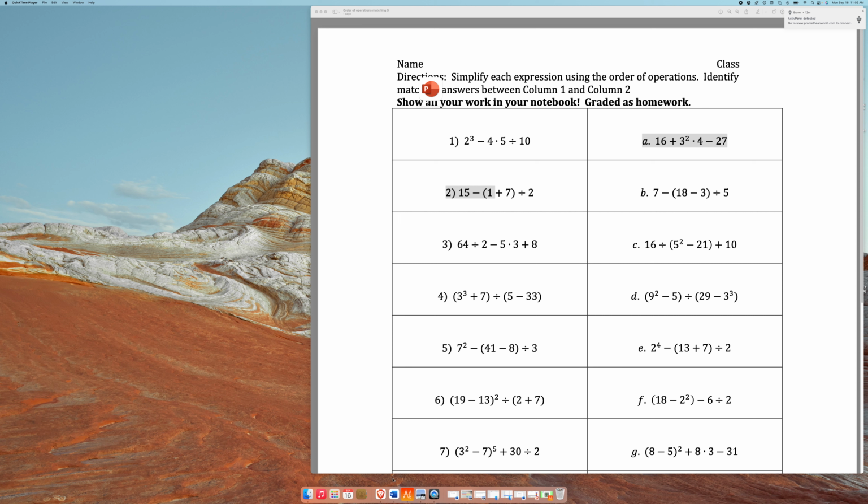Okay, so let's leave this as it is, minus, and then let's take care of the parentheses. 41 minus 8 is 33. And then divide that by 3. I could have taken the parentheses away, and if you don't take the parentheses away, it's okay, it doesn't hurt the problem. Now, actually, you know what? Let me take it away.